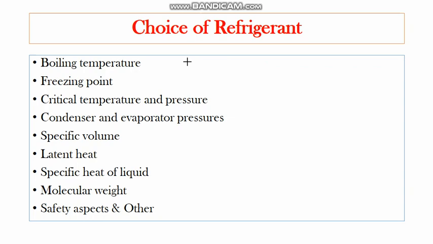So when you choose the refrigerant, what are the characteristics to be considered? These are the different parameters to be considered when you use a particular component as the refrigerant. First is the boiling temperature. The boiling temperature should be less than the desired temperature, which means you have to choose a pressure greater than atmospheric pressure.